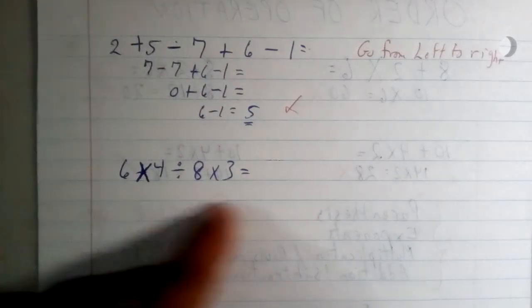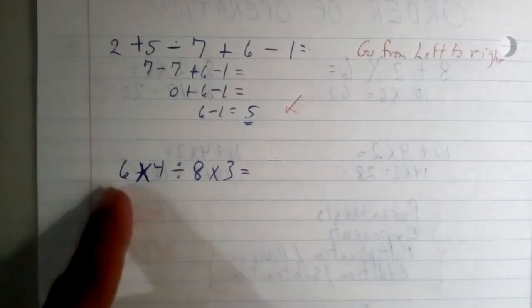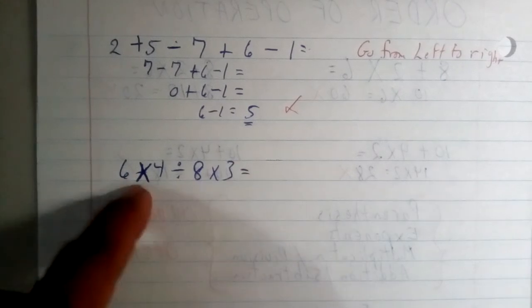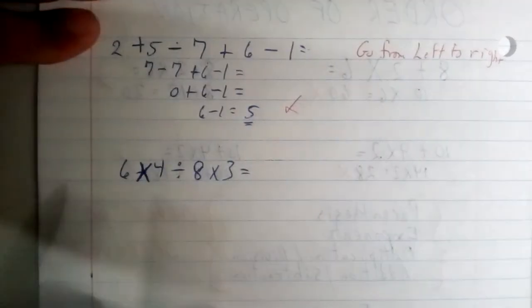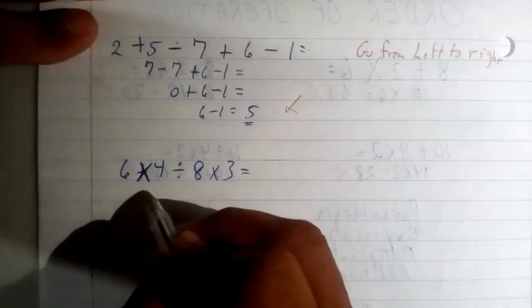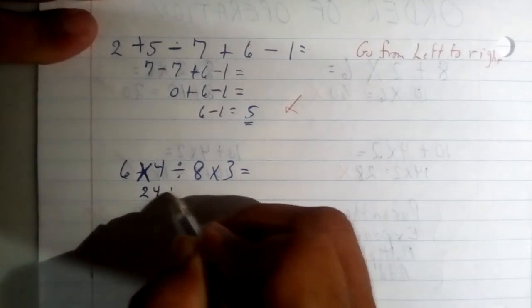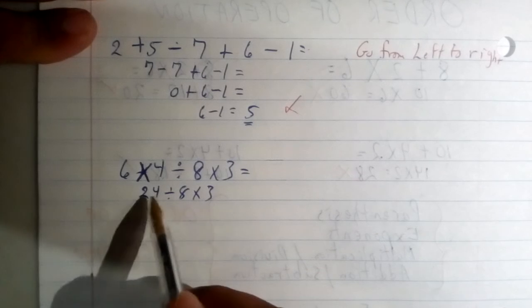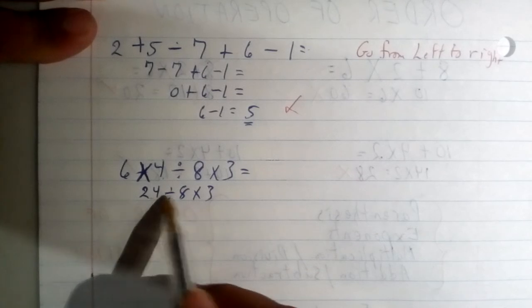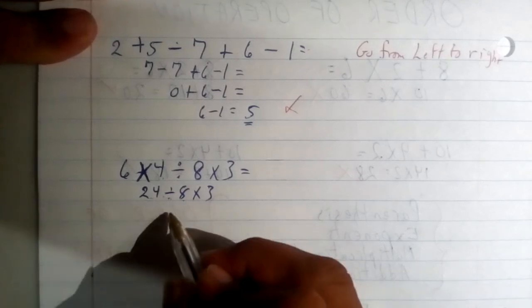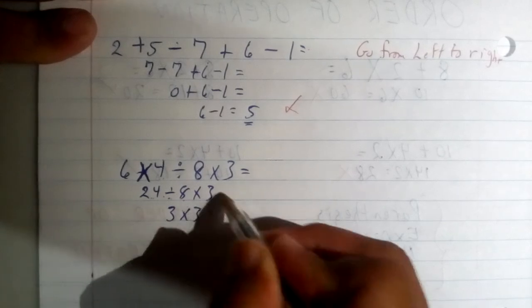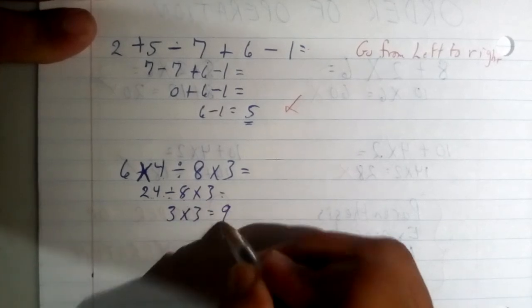Since they are at the same level, you're going to start from your left hand side again, going towards your right hand side. So let's start working from this side. 6 times 4 is going to give us 24 divided by 8 times 3. Now 24 divided by 8 gives us 3 times 3, and 3 times 3 is going to give us 9.